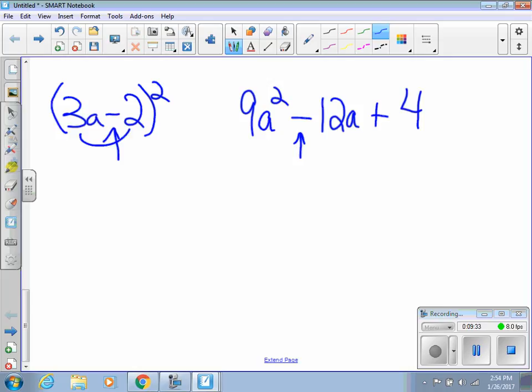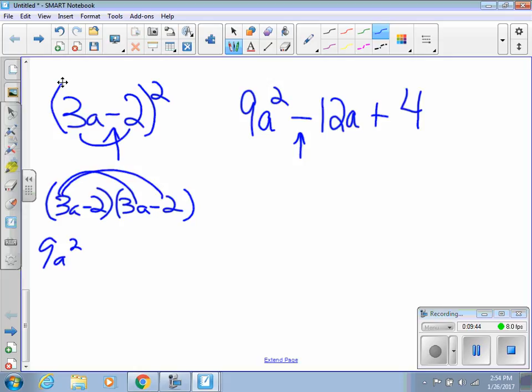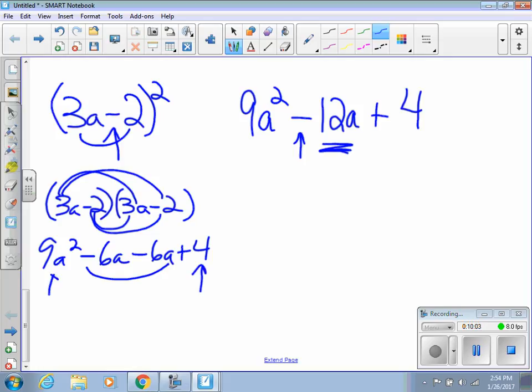I'll FOIL it for you to see. 3a times 3a is 9a squared. 3a times negative 2 is negative 6a. Negative 2 times 3a is negative 6a. Negative 2 times negative 2 is positive 4. So we double this, and we end up with the 12a. And we have this squared and this squared.